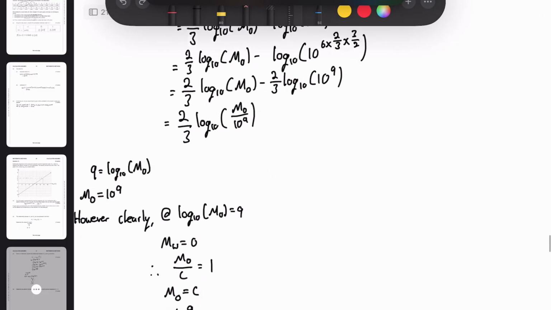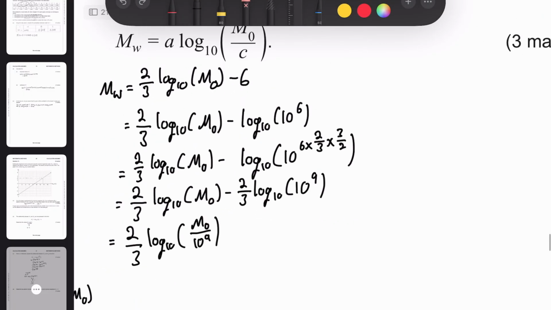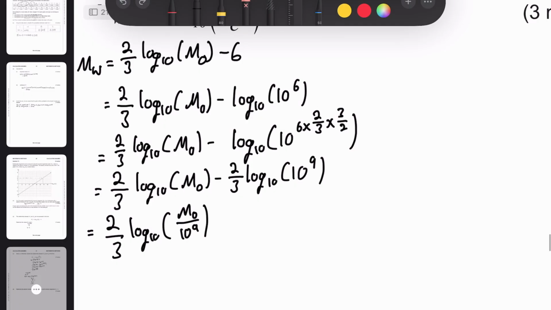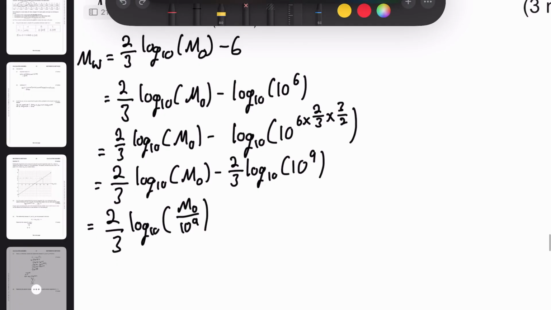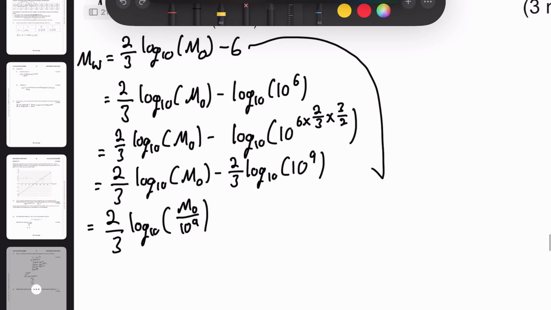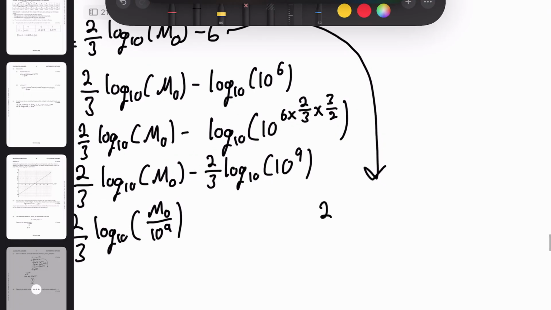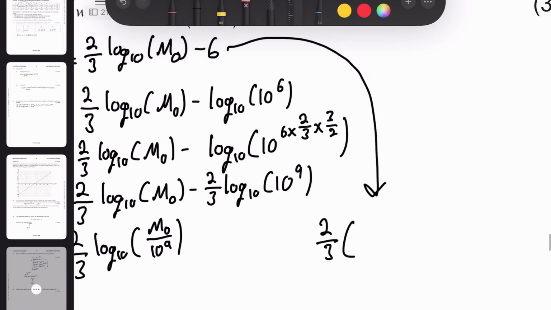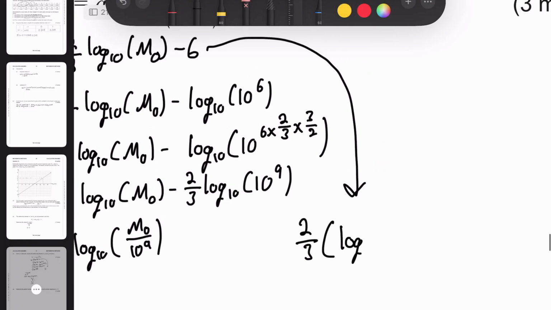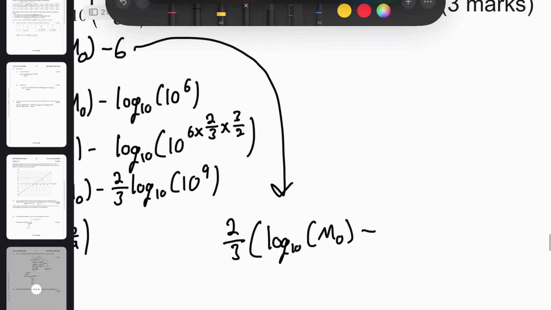Right, another way we can do this is, from here you can expand this or pull this outside. We can write log 10 of m0 minus, then here we can do the 2 on 3. So if we pull out 2 on 3, we have to multiply this negative 6 by 3 on 2, which again is just our 9.